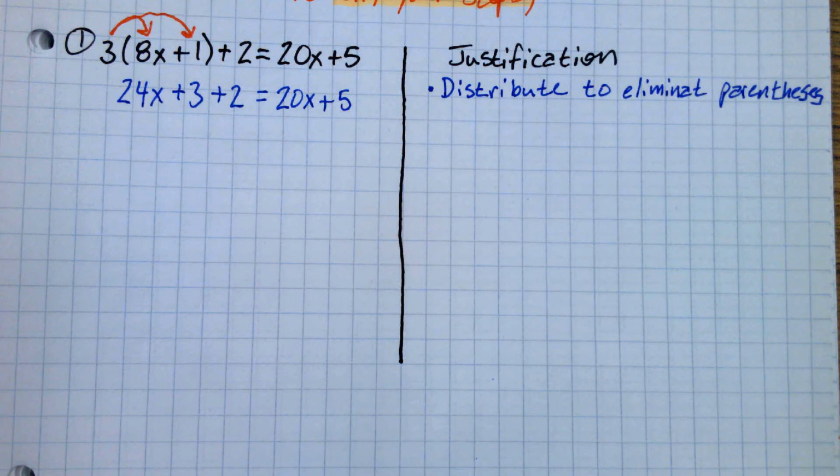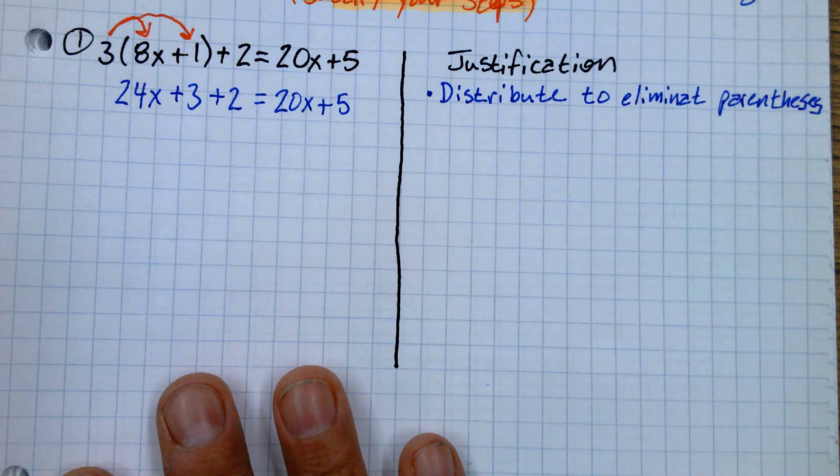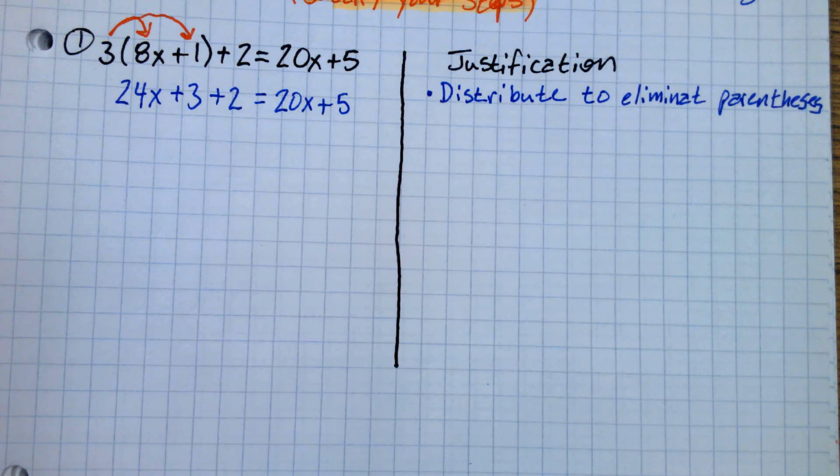Okay, so that's simple, right? Now let's move on. So this is where it gets a little confusing for us. What do we do next? You can go back to page 22 and check because that's got the right order. We do that next.